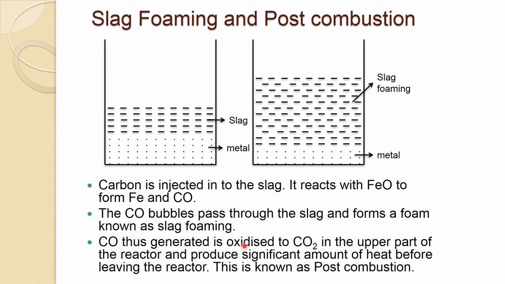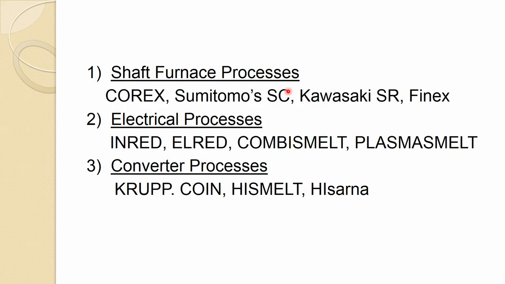CO thus generated is oxidized to CO2 in the upper part of the reactor and produces a significant amount of heat before leaving the reactor, because that is an exothermic reaction. So, this is known as post combustion. So, now I hope you are familiar with the terms of slag foaming and post combustion, and these phenomena are quite common in most of these smelting reduction processes.